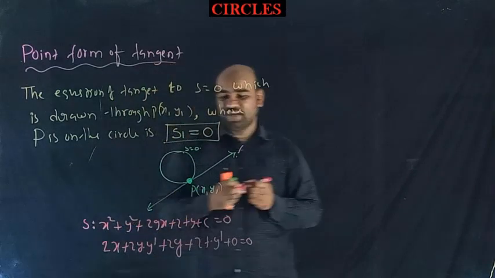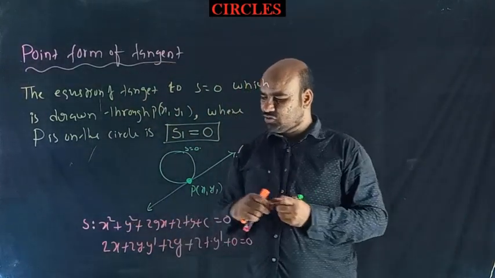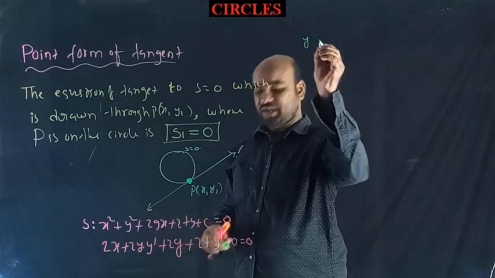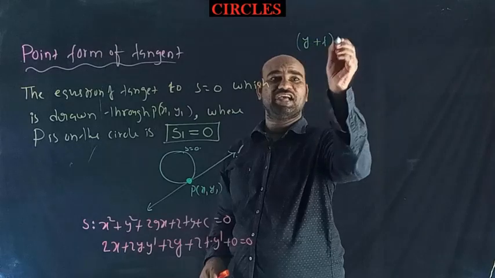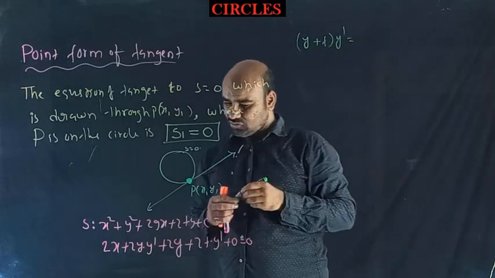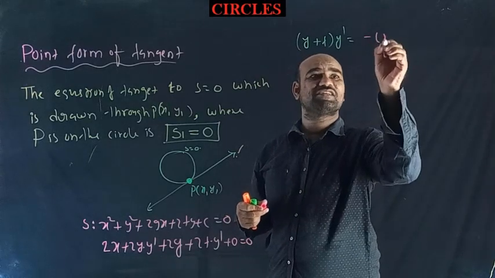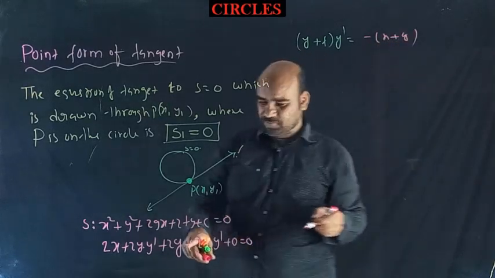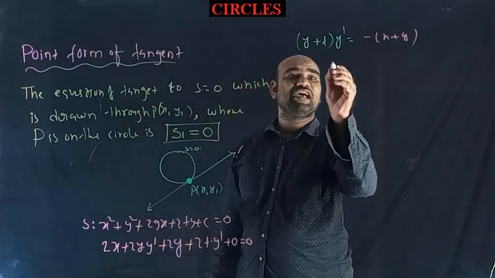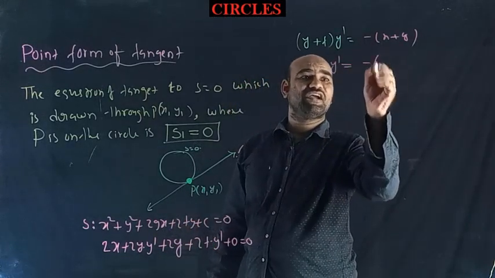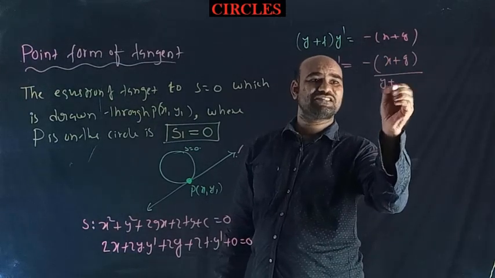So I want to make y' the subject here. First of all you can divide through by 2. So (y + f)y' equal to minus (x + g). Observe here. So now y' is minus (x + g)/(y + f).